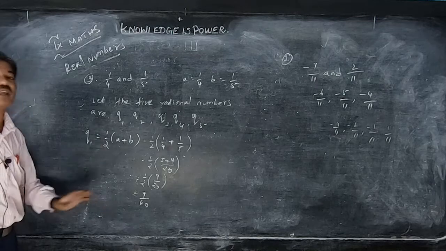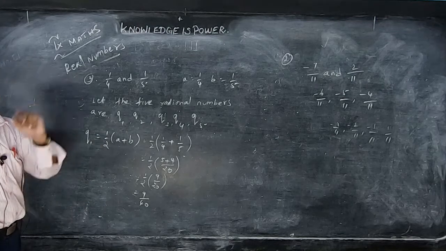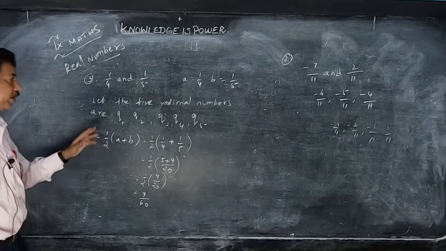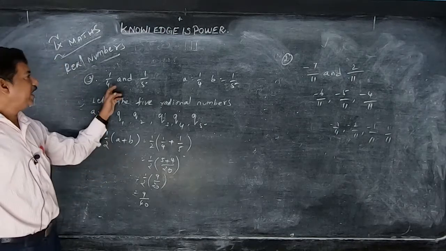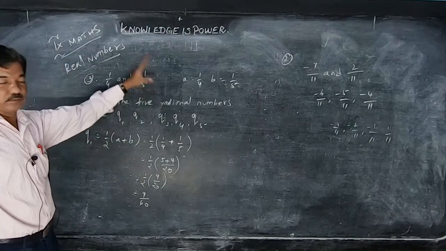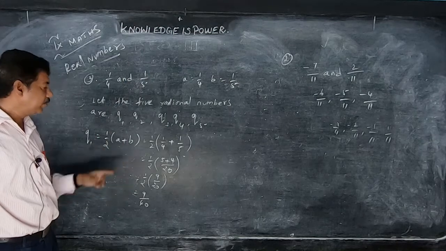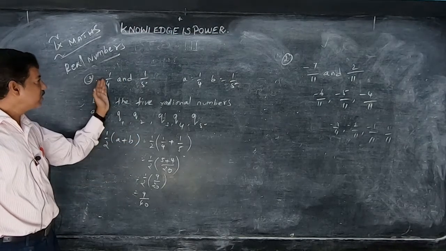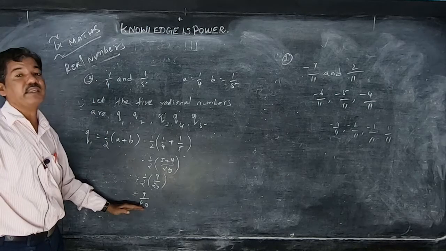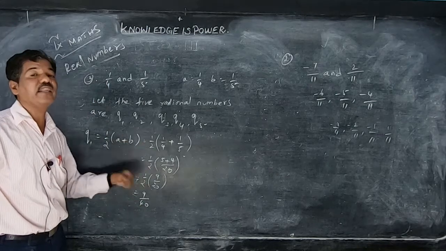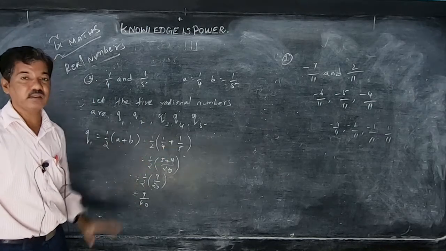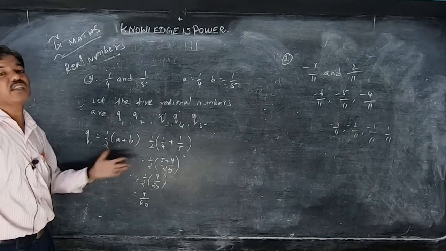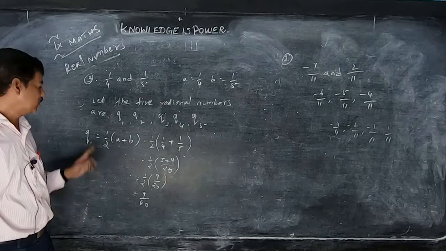In the same way, you have to find out 5. Now this is A and this is B, and that is done. Next, we have to find Q2. For Q2, this one is A and this one is B. Whatever new thing you find, that will be B. A will be the previous thing.